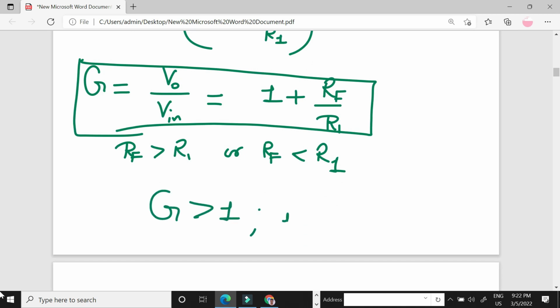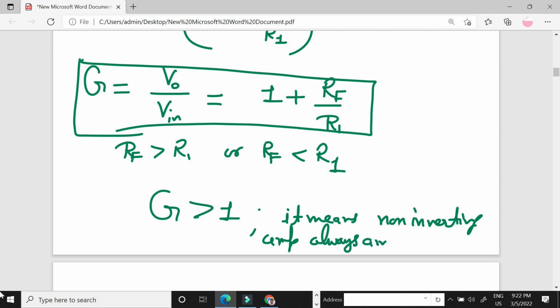It means a non-inverting amplifier always amplifies the signal in every condition, either Rf is greater than R1 or Rf less than R1.